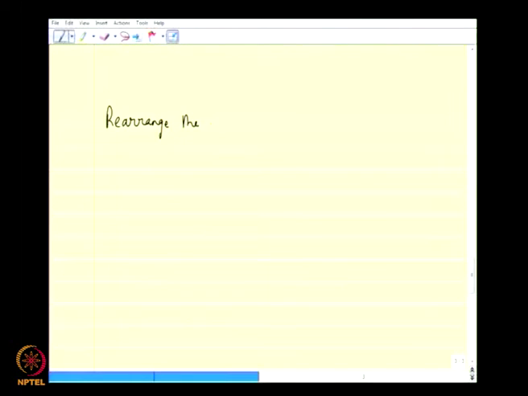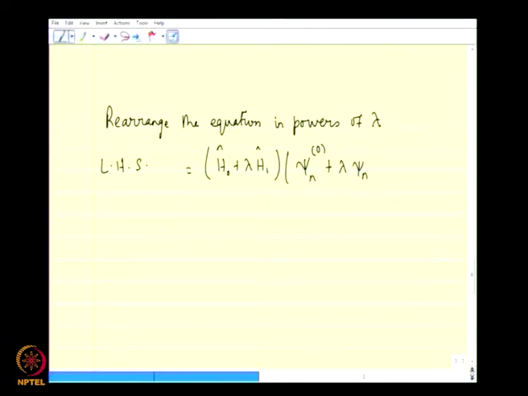the equation in powers of lambda. Left hand side, if you look at, is H naught plus lambda H1 acting on psi n0 plus lambda psi n1 plus lambda square psi n2 plus so on.